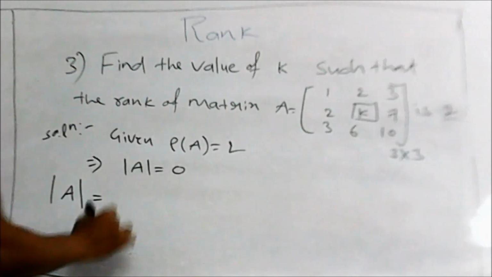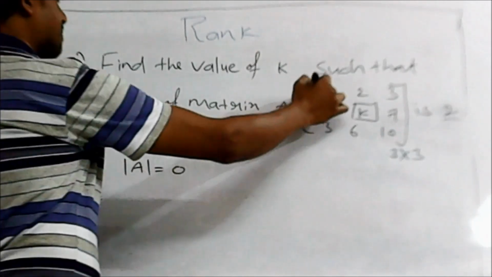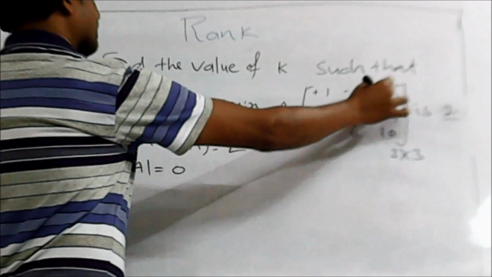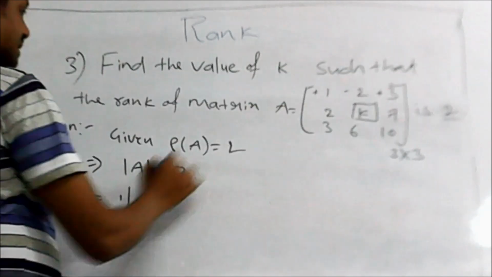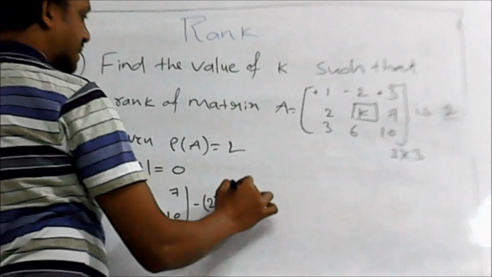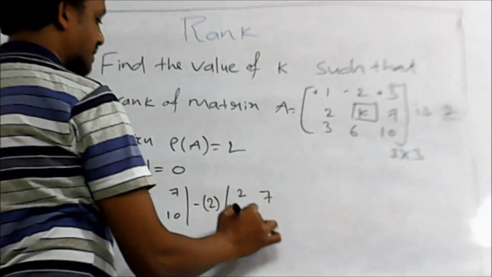We know the method. First, we can simply say positive, negative, positive. So 1 into the minor of this one: K, 7, 6, 10. The second element is minus 2 into the minor of this 2: 7, 3, 10.